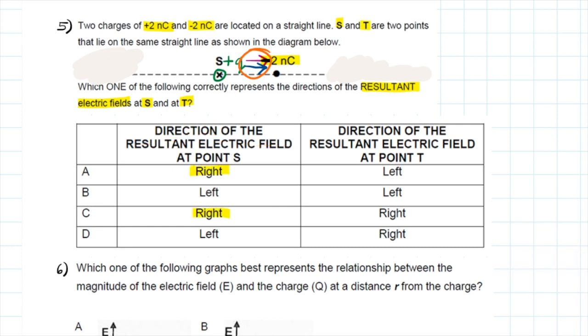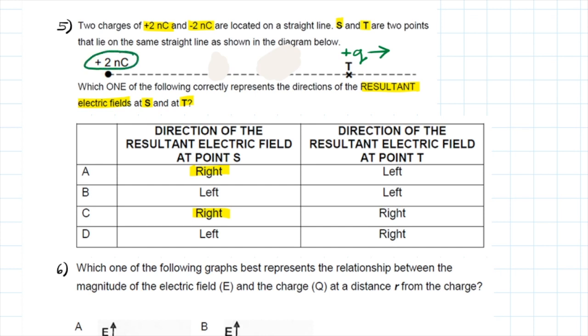C. But to get the complete answer, we're going to have to analyze what is going to happen at the other point, T. So to see what happens at point T, we're going to ignore point S. Let's start off by seeing what the positive 2 nanocoulomb charge will do at point T, so in which direction its electric field will be at point T. Since positive repels positive, a positive test charge will move towards the right as a result of this positive 2 nanocoulomb charge.